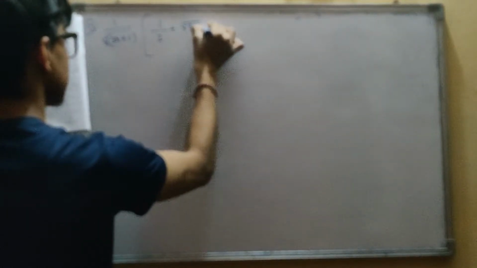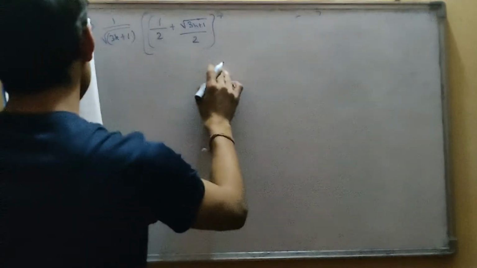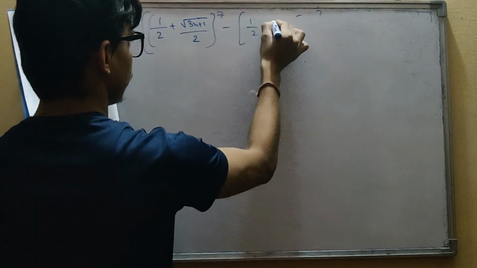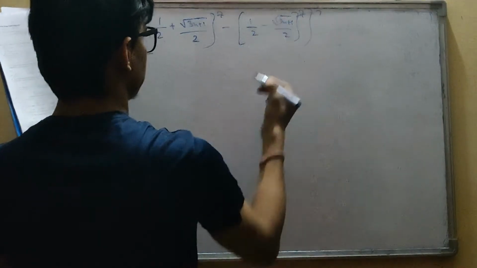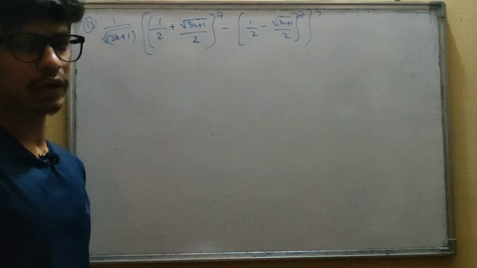Now this expansion can be written as 1 upon 2 plus root 3x plus 1 upon 2, the whole power 7, minus 1 upon 2 minus root 3x plus 1 upon 2 to the power 7. So I have to evaluate this, and depending on the polynomial I get, I have to find out the degree.